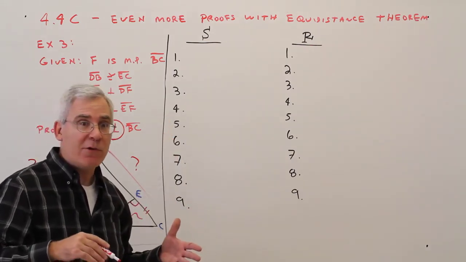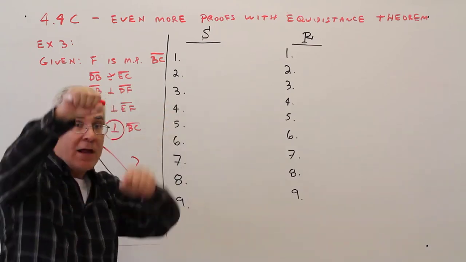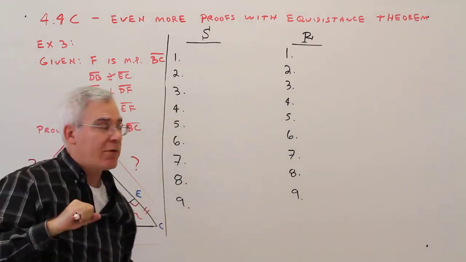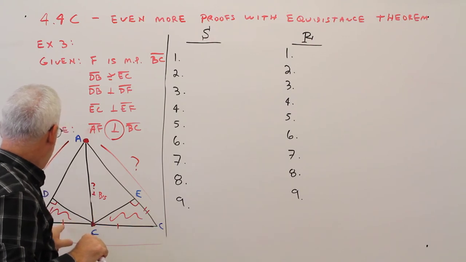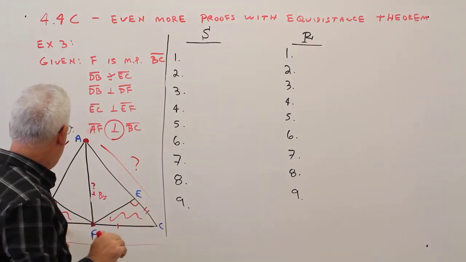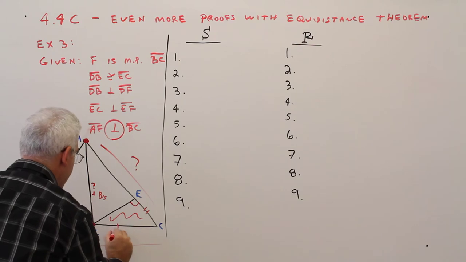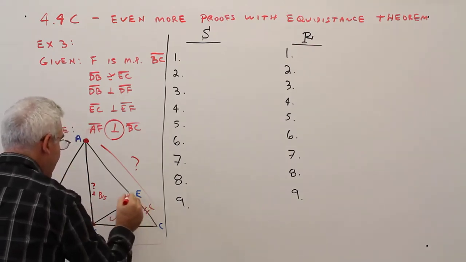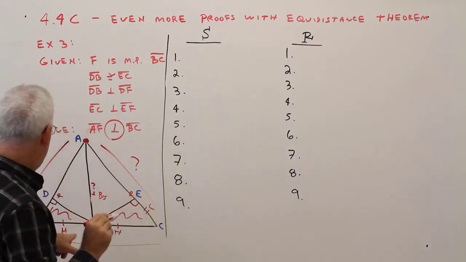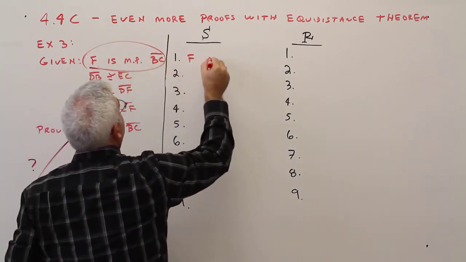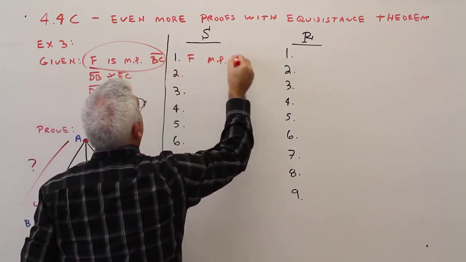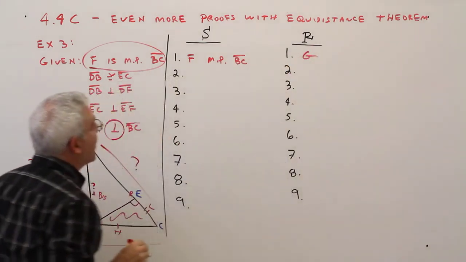So again, what I'm going to do is try to go in HLR order and establish those two equidistant points. So first I'll get the triangles. So hypotenuse are here. Just so you know, that's a hypotenuse, leg, leg, right angle, right angle. So I'll start with this. F, midpoint, BC, given.